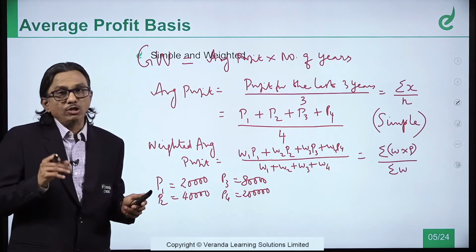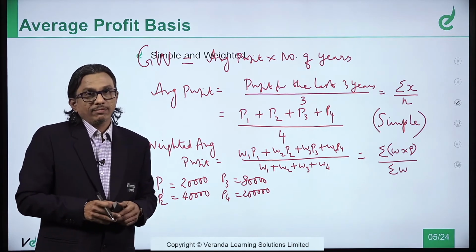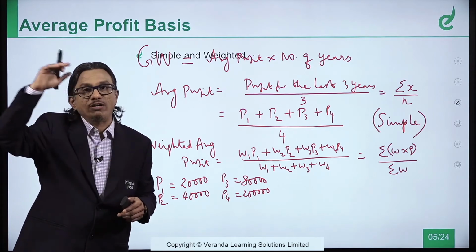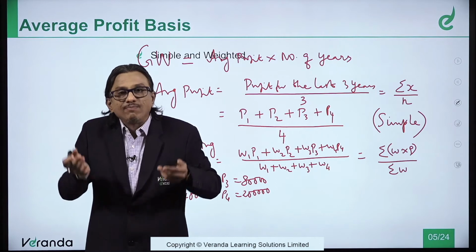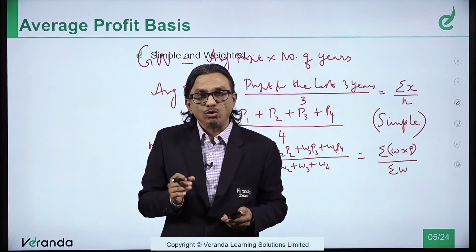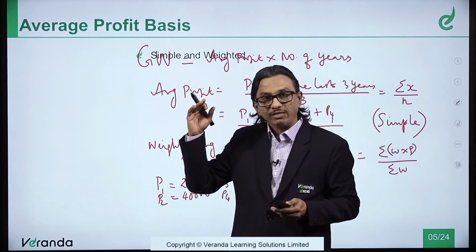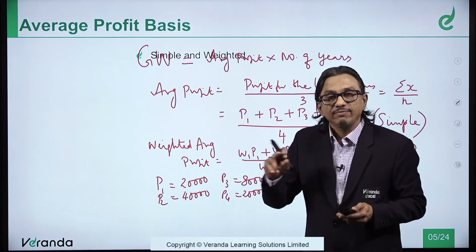So what are you able to see from the profits given in this situation? The profits keep on increasing: 20, 40, 80, 2 lakh. There is a constant increase in profit. So the profit shows a trend. Increasing trend is shown in the profits. In such cases, we should follow weighted average.